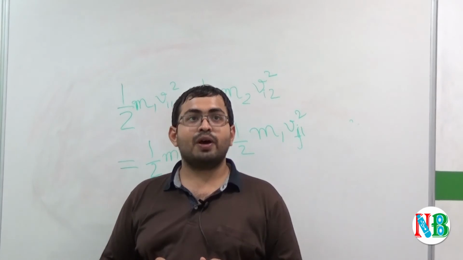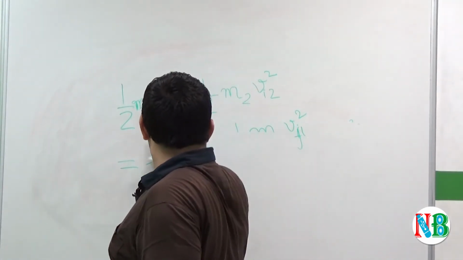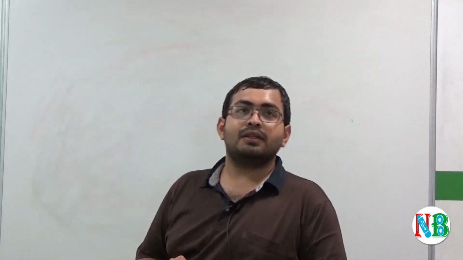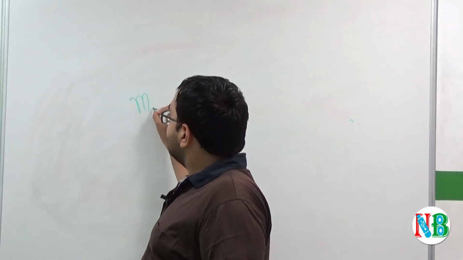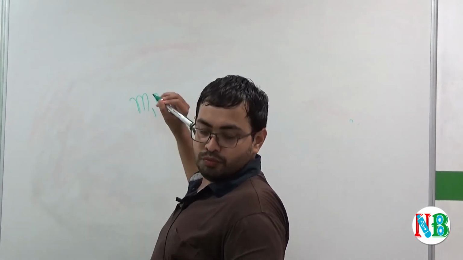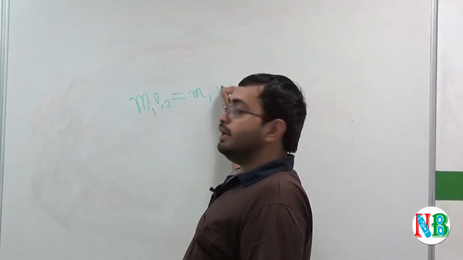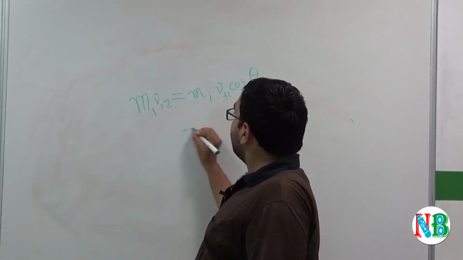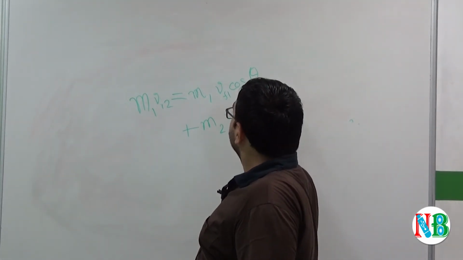So, the momentum conservation in the x direction yields that m1 vi1 is equal to m1 vf1 cos theta 1 plus m2 vf2 cos theta 2.